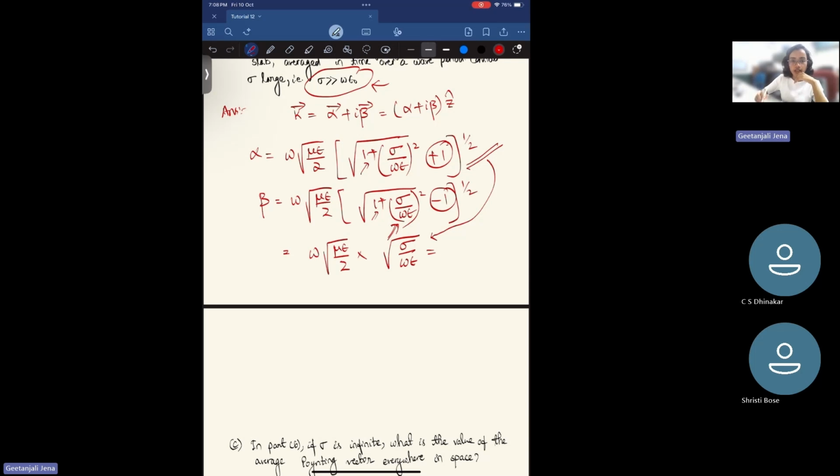So for this case alpha and beta are the same, and this will be square root of sigma omega mu naught by 2.